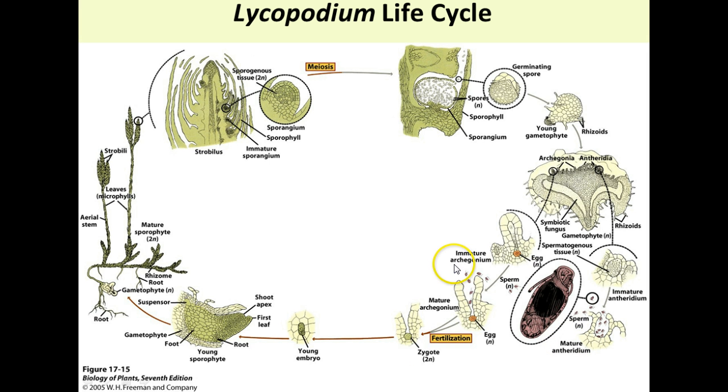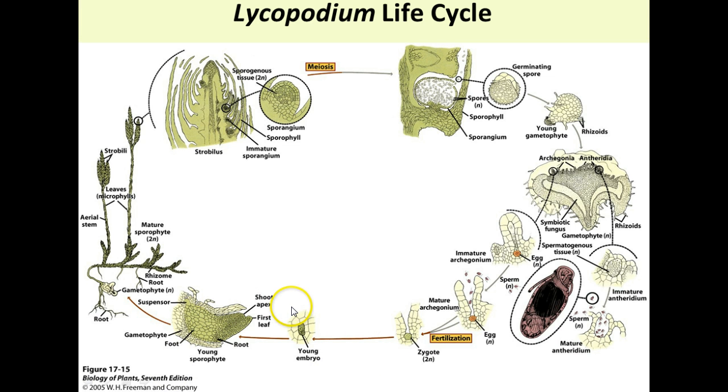So they find their way into the archegonium and fertilize the egg. Do we remember how it was in the mosses that the sperm got to the archegonium? There was a chemical produced by it. Yes, there's a sperm attractant, and in this case there's also a sperm attractant. Otherwise they would just be floating around and never get there.